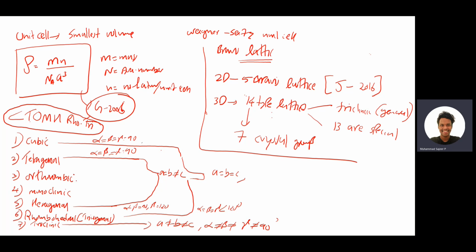Okay. Then we have orthorhombic and monoclinic. For that, we have A not equal to B not equal to C. For alpha, beta, gamma, in orthorhombic it is alpha equal to beta equal to gamma equal to 90, and for monoclinic it is alpha equal to gamma equal to 90 not equal to beta.